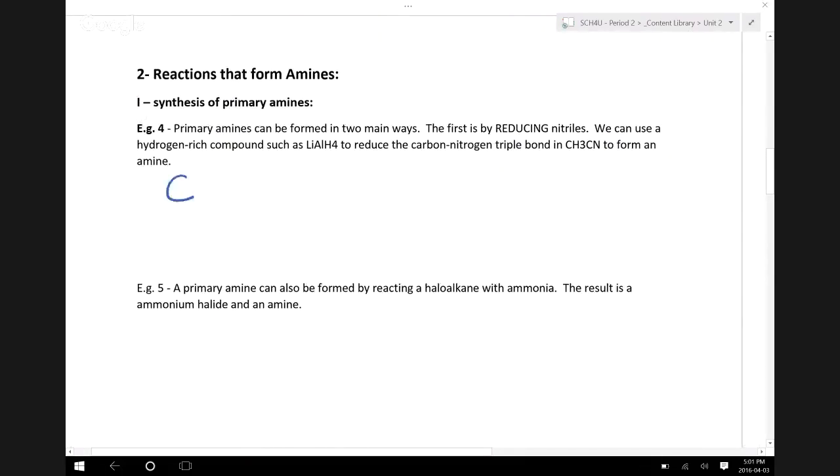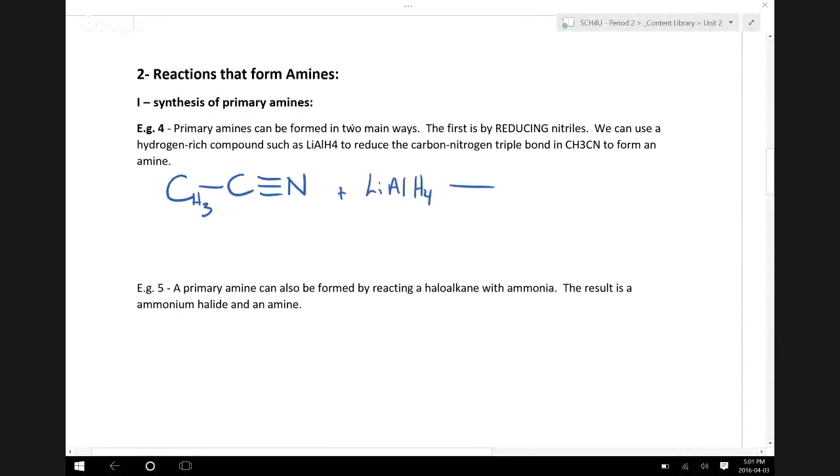And so I'm going to use this example. CH3CN. This is a nitrile. Right, and we can react it with lithium aluminum hydride.